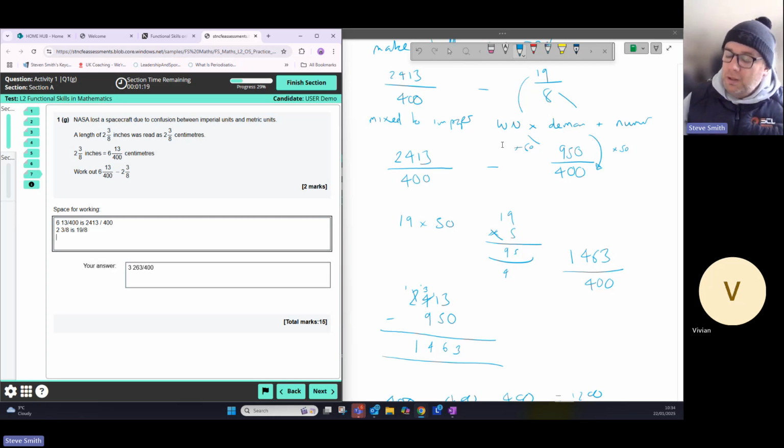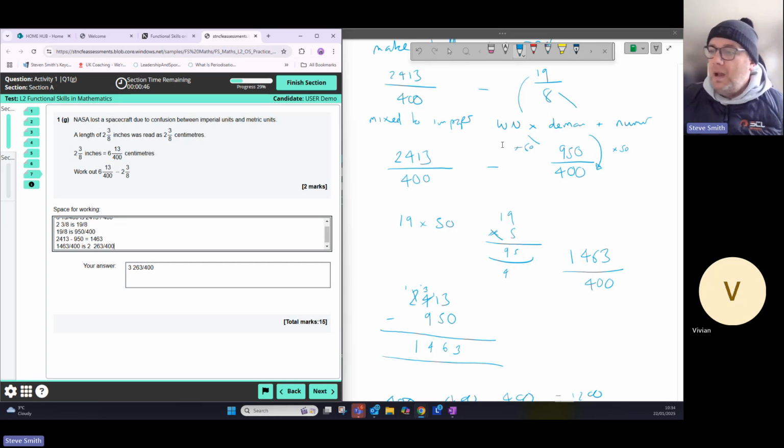Then we're going to put on here 19 eighths. 19 eighths is 950 400ths. 2413 minus 950 equals 1463. So then we've got 1463 400ths is 3 and then 263 400ths.